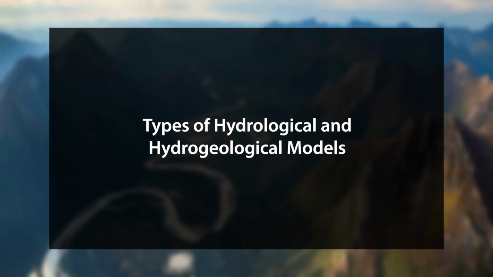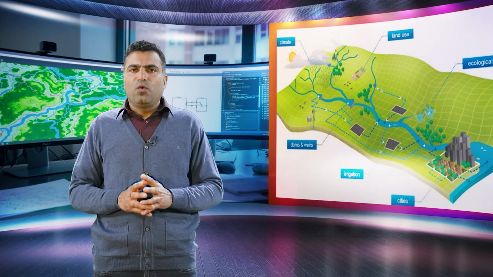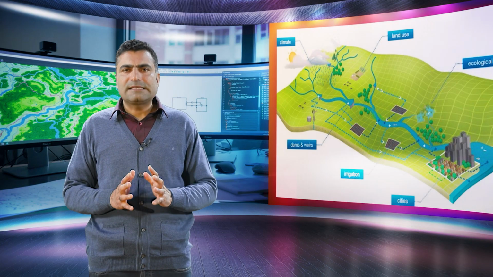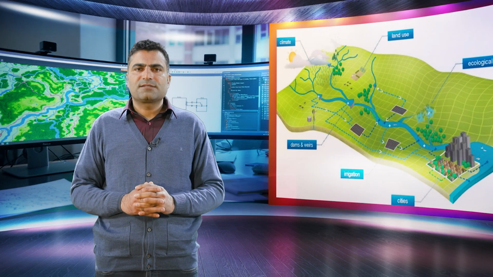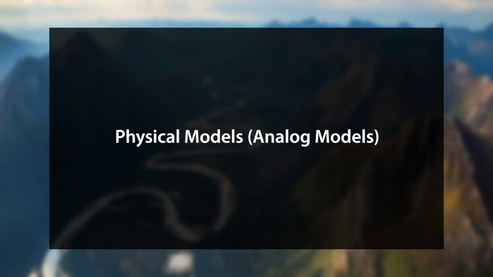Now, let us discuss types of hydrological and hydrogeological models. Once the conceptual model is established, the water system can be formally analyzed using several categories of models. So far as the physical models are concerned, we can also call them analog models.